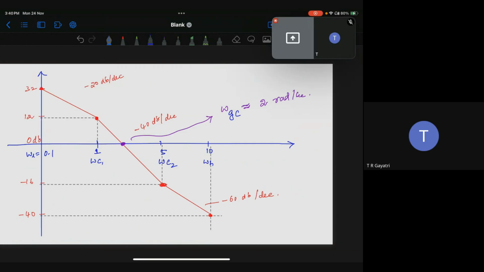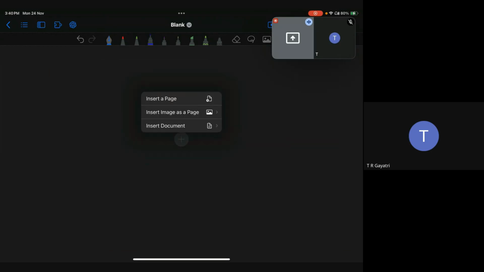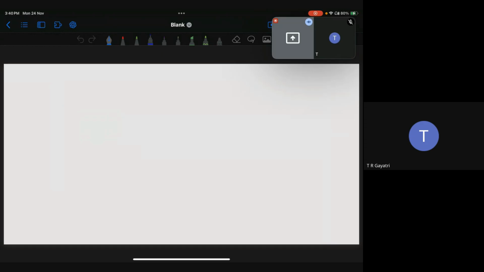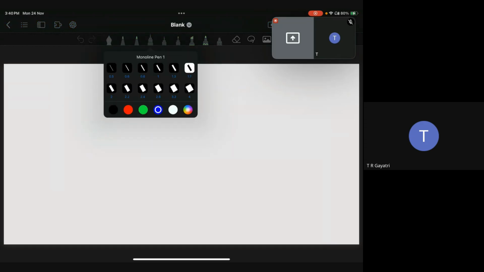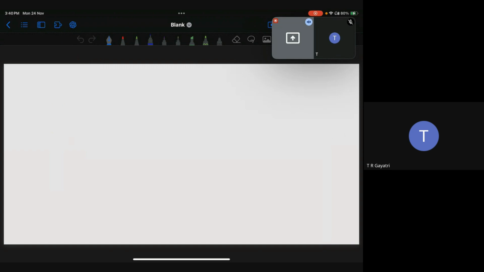Okay, so next, similarly we can find the phase crossover frequency. So what we have is G of j omega as 4 by j omega (1 + j omega)(1 + j 0.2 omega).